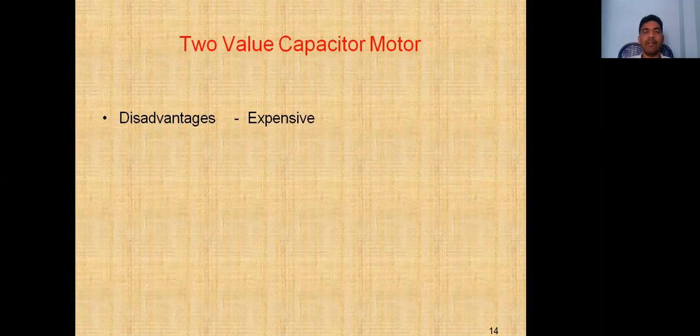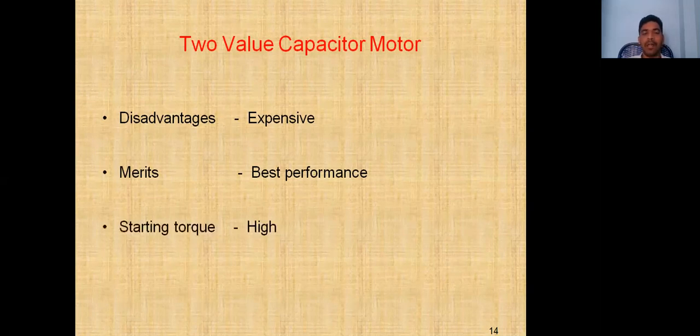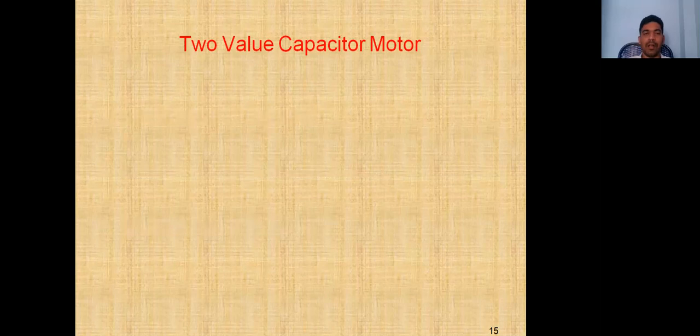Coming to the disadvantages of the capacitor start capacitor run, that is two value capacitor motor, it is an expensive motor. Coming to the merits, it is the best performance motor, with high starting torque.